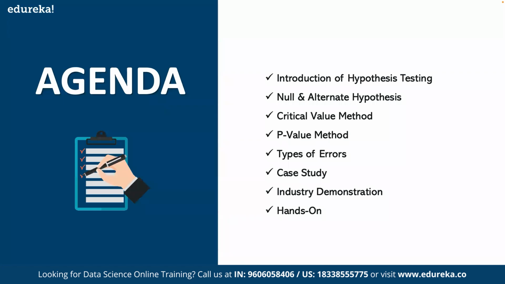Now, before we get started, how many of you are aware of data science and what exactly it does? When we say data science, it is all about finding patterns in the data by analyzing the data set in an efficient manner.